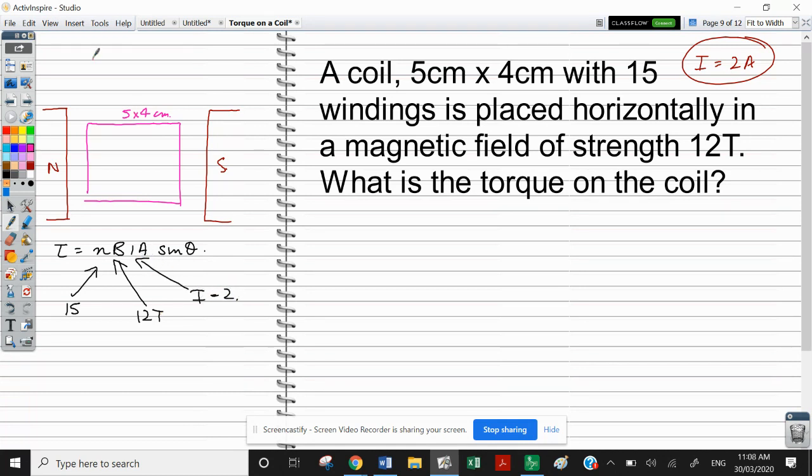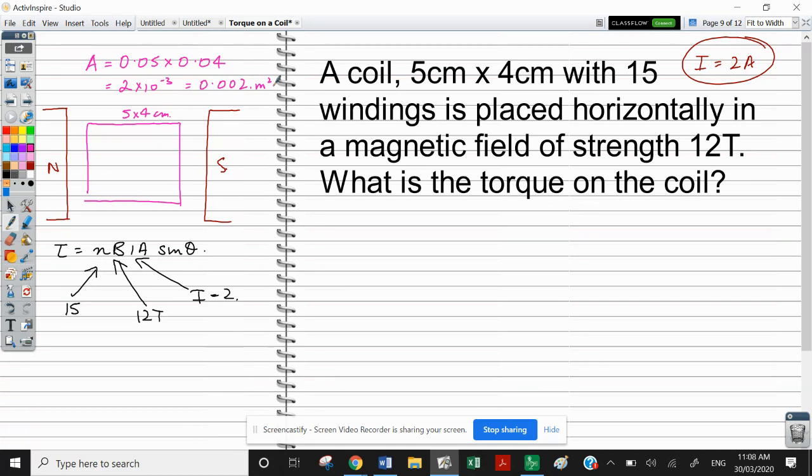A has to be in meters, so it's 0.05 times 0.04, which gives 2 by 10 to the minus 3, that's 0.002 meters squared.